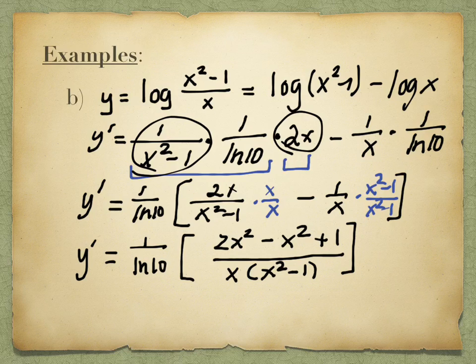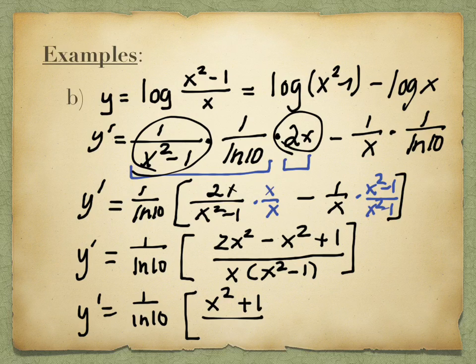In fact, you're going to see on this one, things are going to clean up in the numerator as well. So in the numerator of this one, what cleans up? Yeah, those x squareds can combine. I've got x squared plus 1, which unfortunately is almost like the denominator, but not enough like it that it actually simplifies.